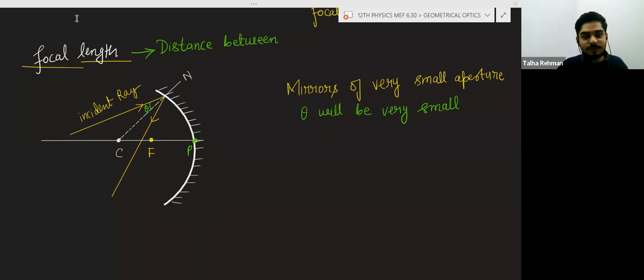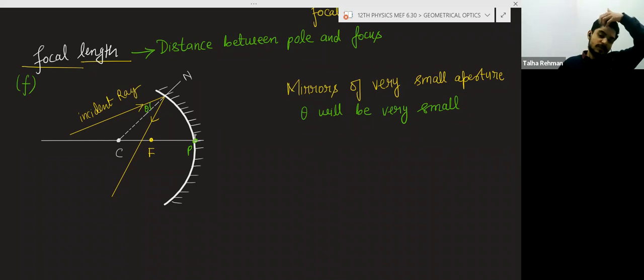The focal length of any mirror, concave or convex, is the distance between the focus and the pole. This focal length is represented by small f. So remember this point.